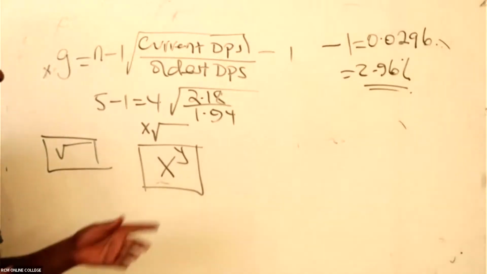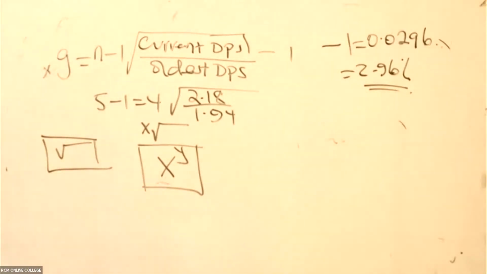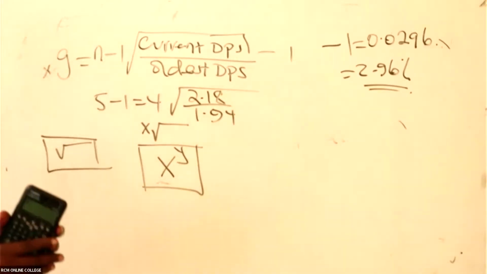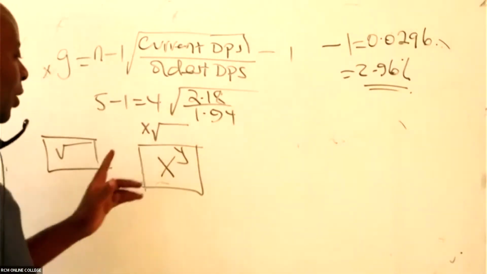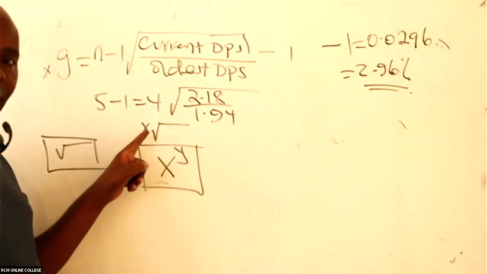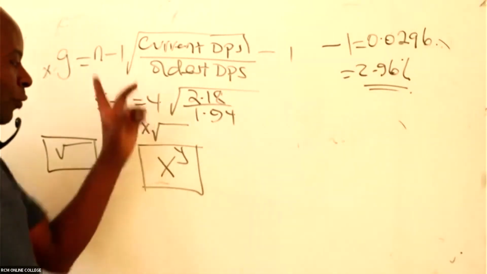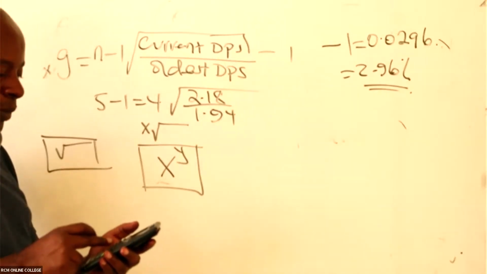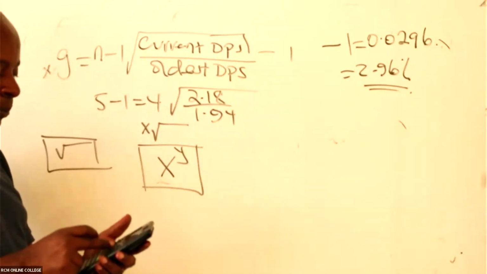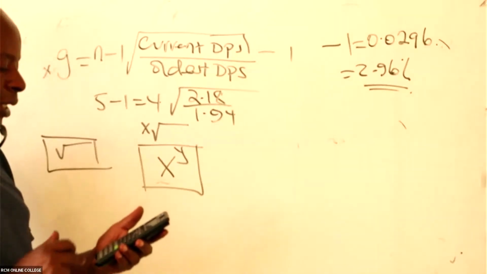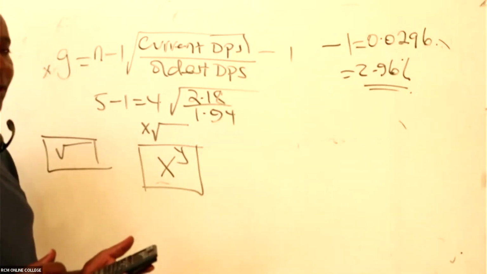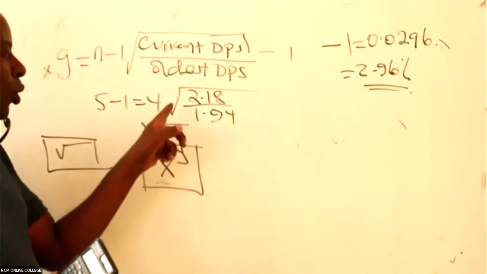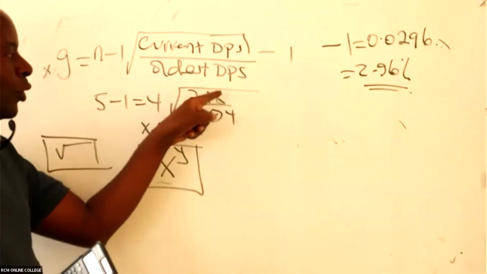Before I start using this x root, I will have to punch 4, because 4 is outside. This is a second function, so I have to shift, like that, and then open brackets. If you don't open brackets, you don't end up getting the root of the top number.